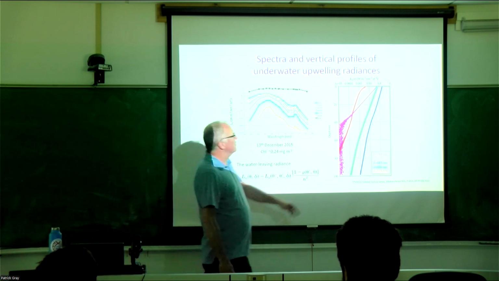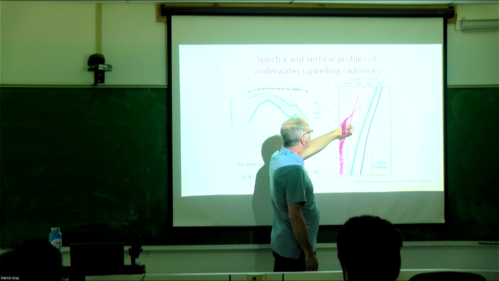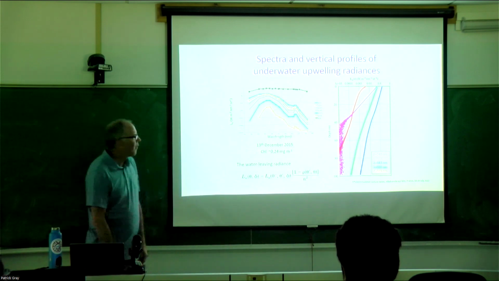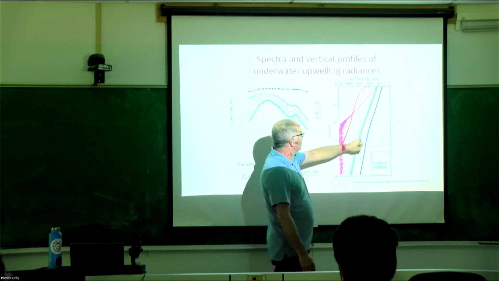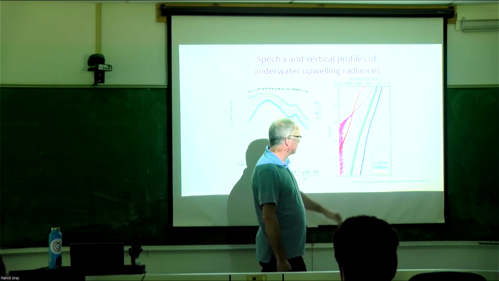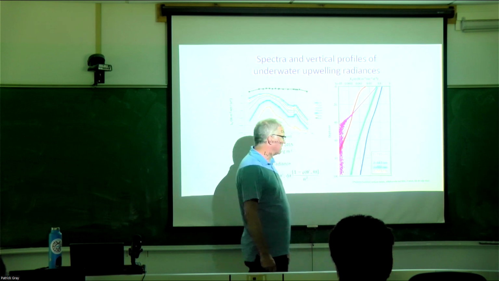Same thing here. We notice five different channels of radiance with depth, now just plotted as a function of depth. So 340 is in this purple, 412 is in this mauve line, and then 443 is in the blue, green 555, red 665.